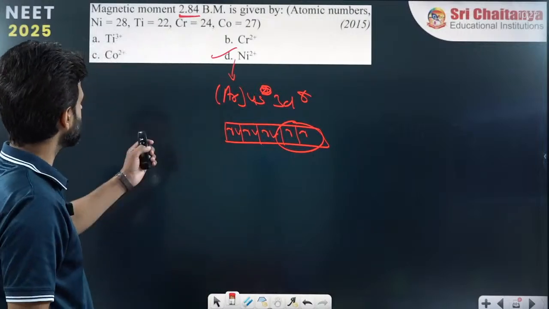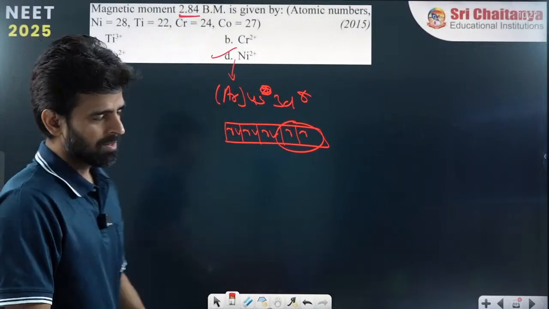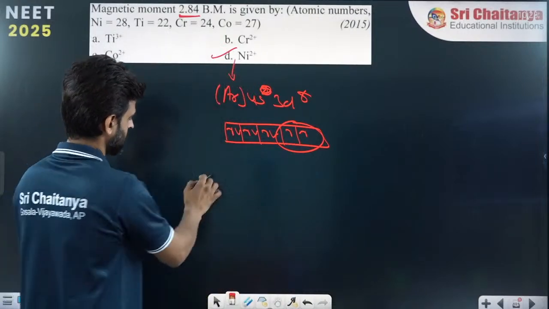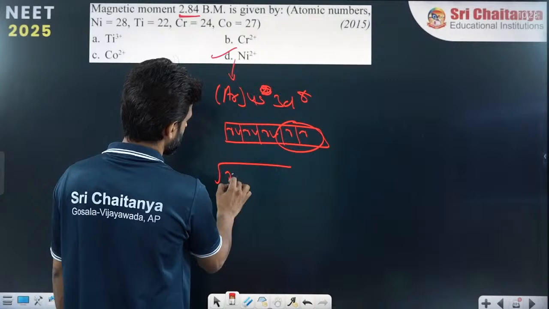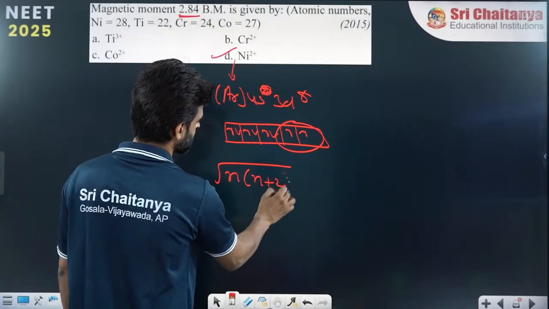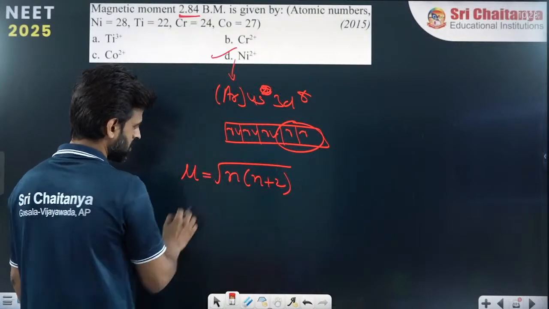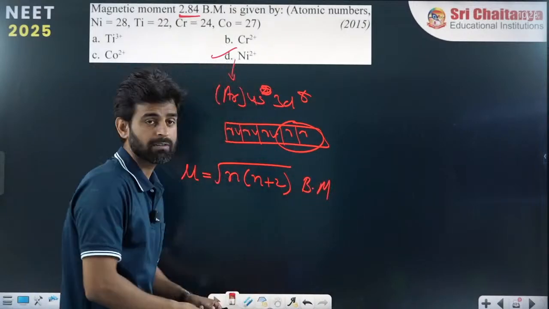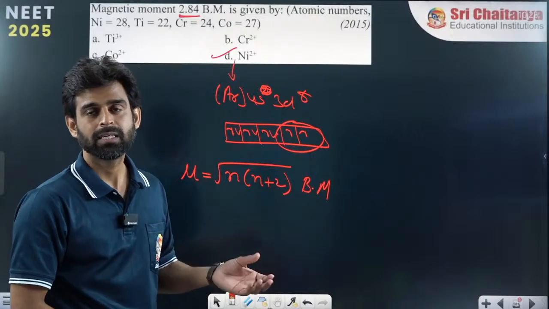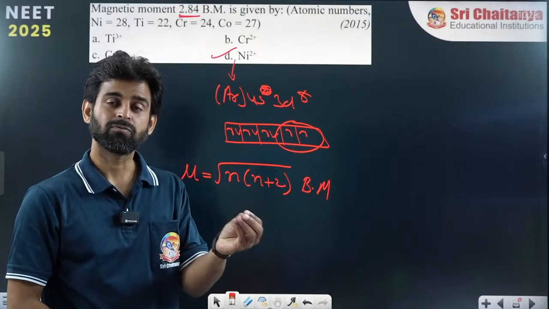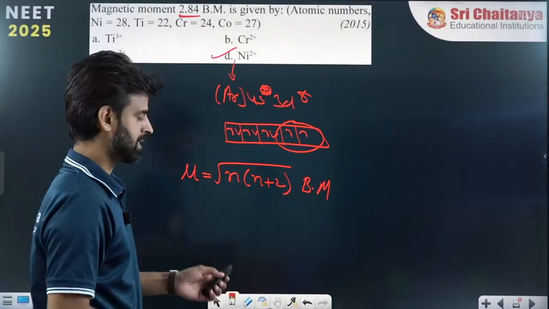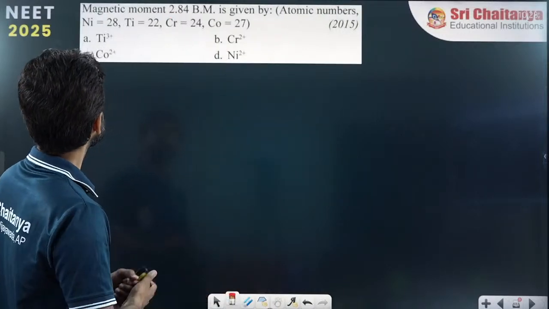They are giving 2.84. Remember, do not solve the root. By chance, it is coming n into n plus 2, where n is number of unpaired electrons. So you can directly say, if 4 unpaired electrons, then 4 point something is the magnetic moment. 3 unpaired means 3 point something. 5 unpaired means 5 point something. Okay, directly you can answer without wasting time.